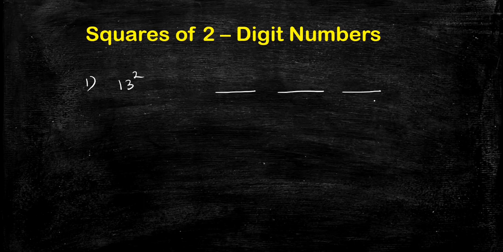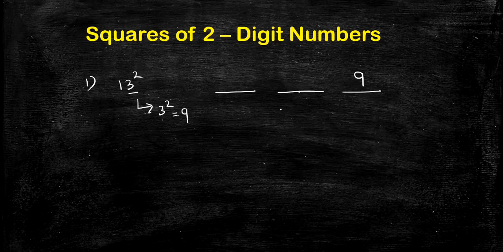So now what comes here is the square of the number that is in the units place. 3, the square of 3, which we get as 9. So write the number 9 here. Then we have this middle part.